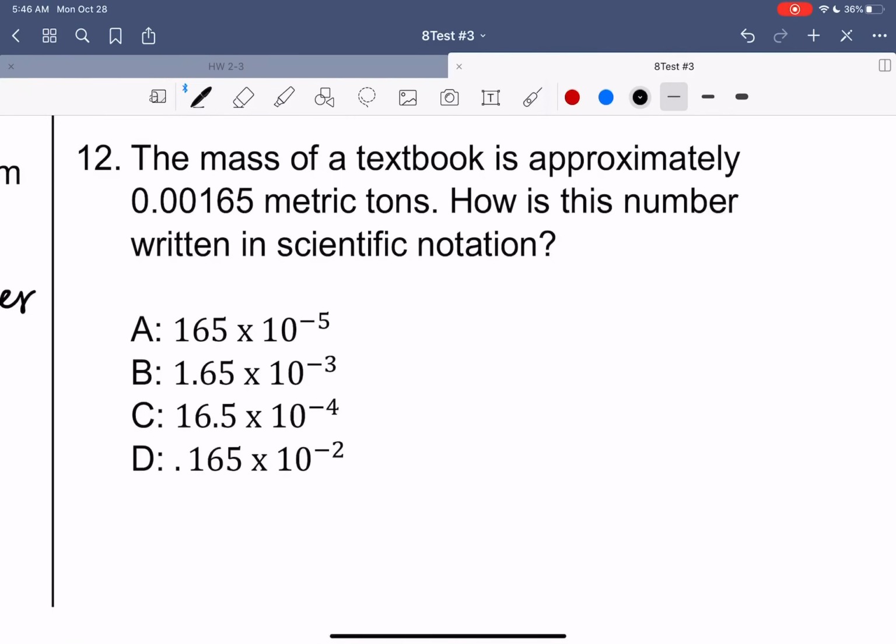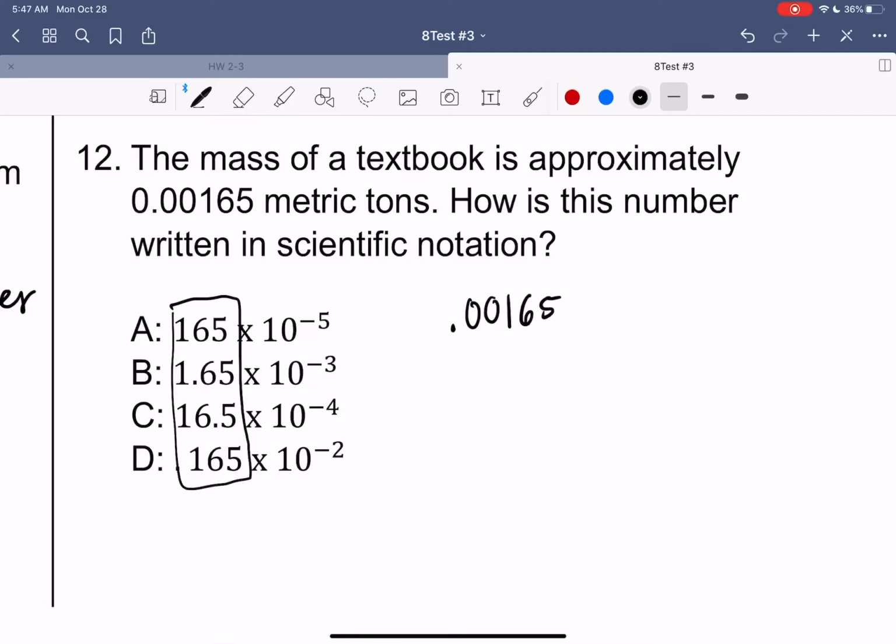All right, looks like this is another one. The mass of a textbook is approximately 0.00165. How is this number written in scientific notation? So they gave all of these numbers like this, and that was a tricky thing that they did.